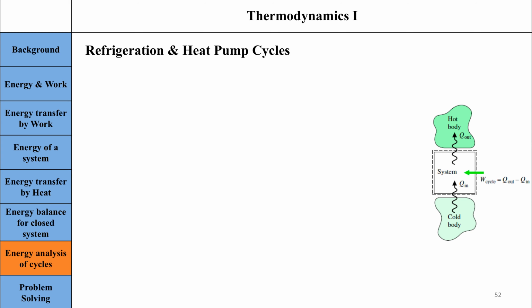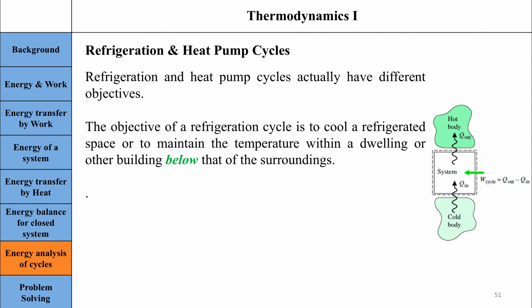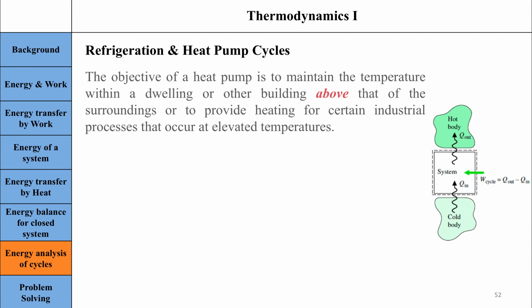On one hand, we had the refrigeration cycle where the cold body's temperature was way colder than the surroundings, and over here the temperature of this body is above that of the surroundings. So this is the body that we are looking at for a heat pump cycle.